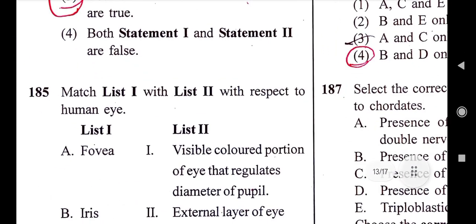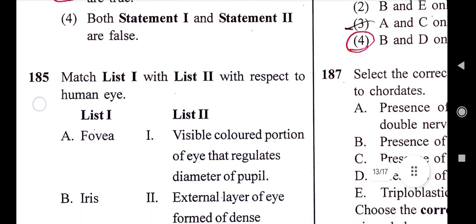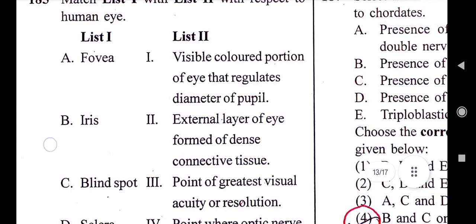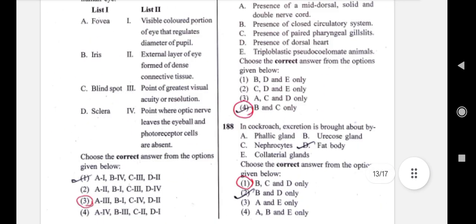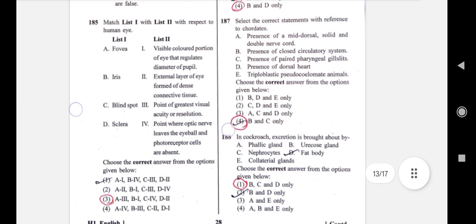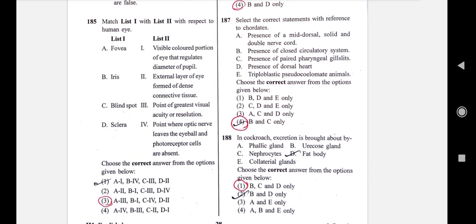Question number 185. Match list 1 with list 2 with respect to the human eye. Dear students, you have to read the question paper carefully and match the correct answer. A, fovea, matches with 3, point of greatest visual acuity or resolution.